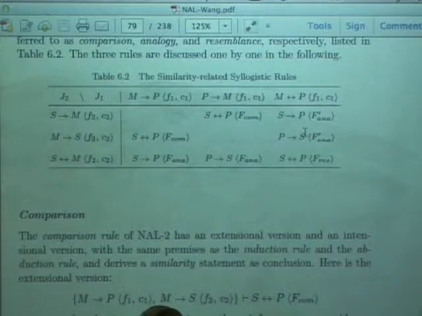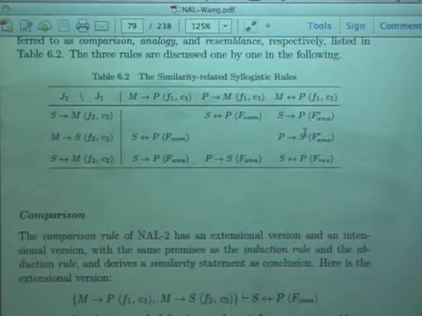That means usually you can use one as the other, right? They're similar. So analogy takes a similarity relationship as one premise, and the other one is an inheritance, which indicates the property or instance of one of the two. Then the result is just that one replaced by the other one similar to it.